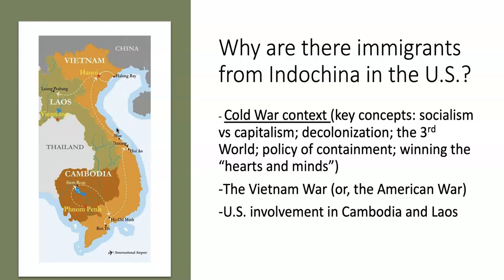Okay, and the supply route, called the Ho Chi Minh Trail, was basically used to supply North Vietnamese troops and the Viet Cong, the guerrilla troops, in the more southern regions of the military conflict. So what we did is bomb, and we bombed the heck out of the Ho Chi Minh Trail, and we expended a lot of bombs in Laos. And later on in the 1970s, this would happen in Cambodia too. There'd be a lot of bombs dropped in Cambodia.